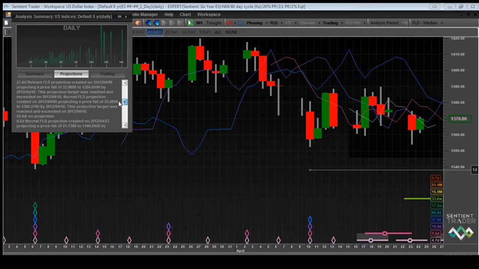Sentient Trader has that built into its thinking, because it's something that I discovered really early on.